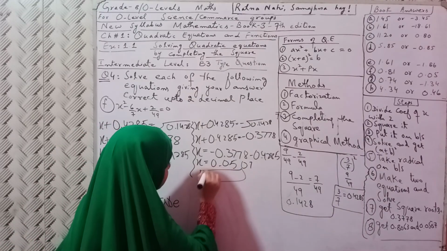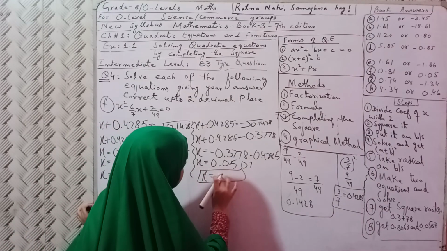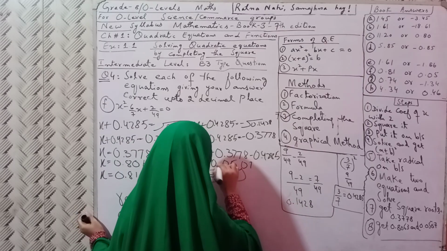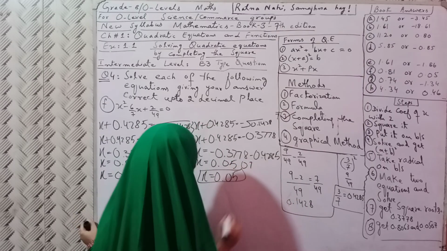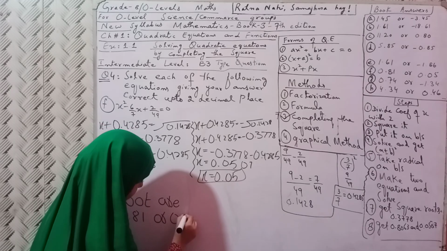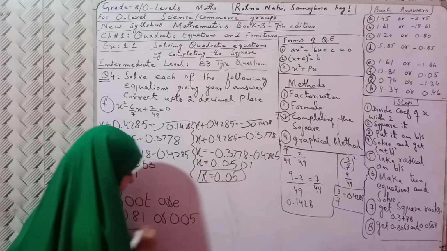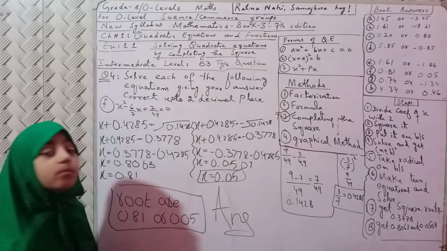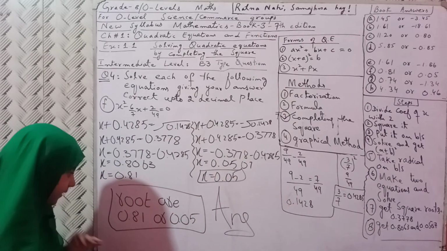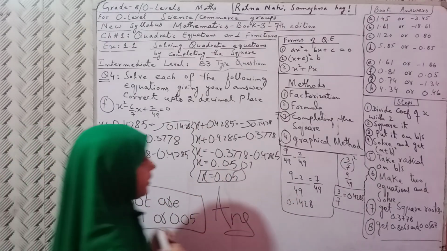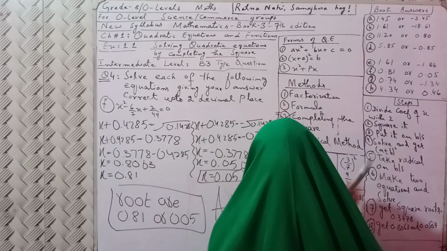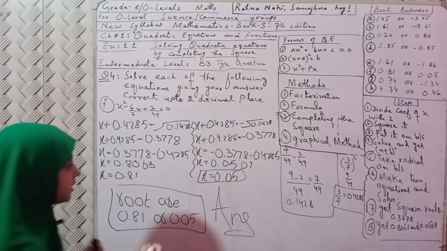So here will come x equal to 0.05, and this becomes our final answer. So the book answers are written, you can check it. 0.81, 0.05. It simply means this is correct.